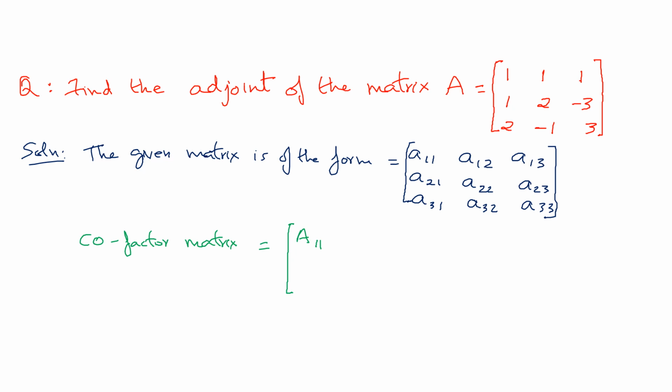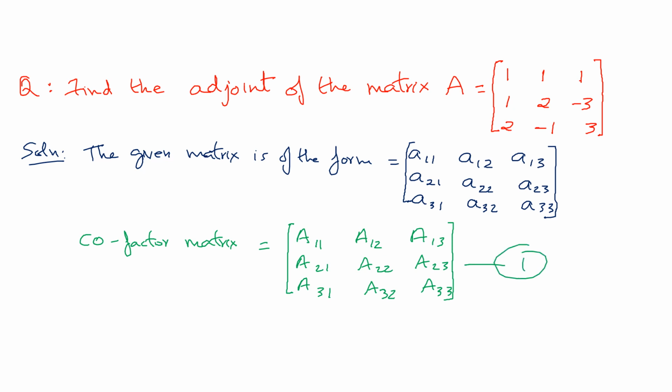A11, A12, A13, A21, A22, A23, A31, A32, A33. Okay, so this is the cofactor matrix. Let us call this equation 1.